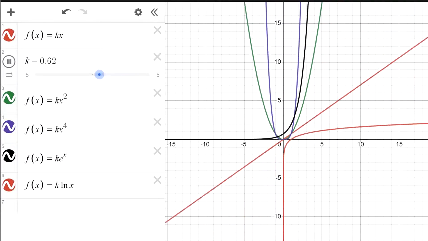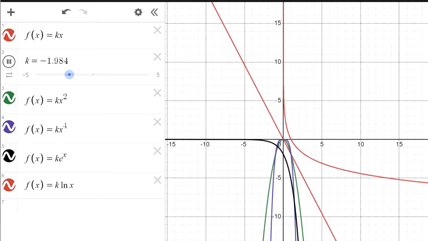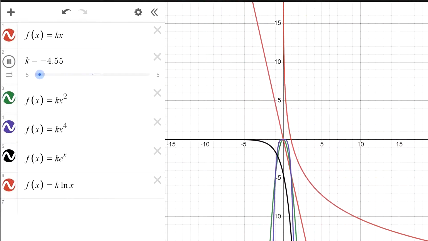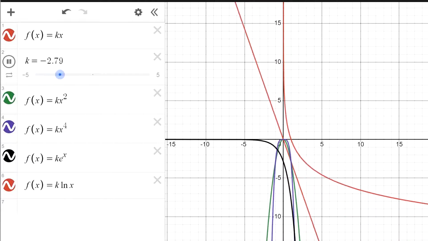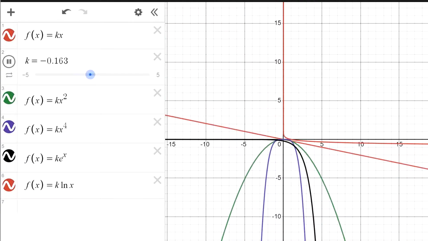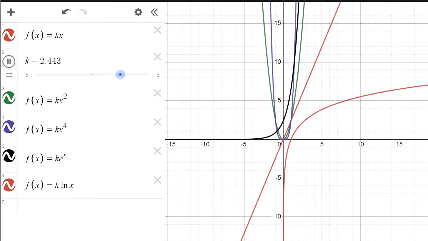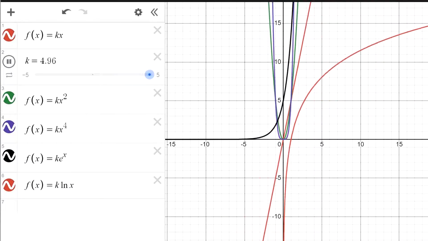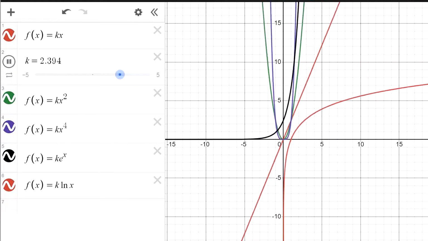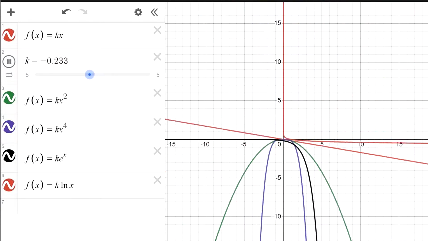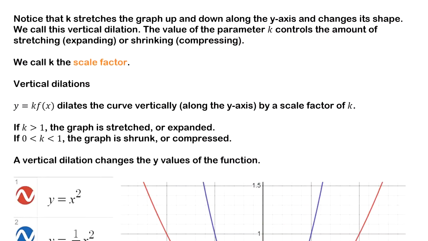As k decreases into the negatives there is a flip, a reflection onto the x-axis, and again a dilation occurs vertically. So again, notice that k stretches the graph up and down along the y-axis and changes its shape. This is known as a vertical dilation.